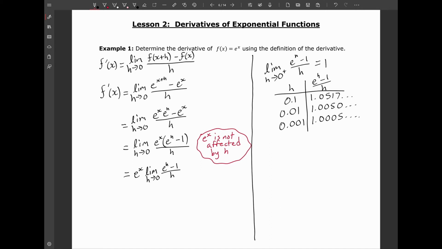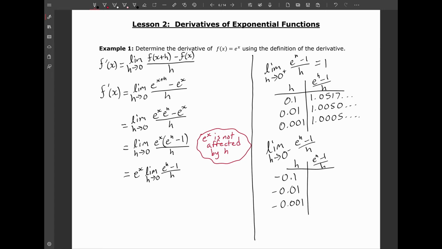All right, so let's check it from the left, because we know for a limit to exist, we have to check both the left and right-hand sides. So we're going to use negative values this time: negative 0.1, negative 0.01, and negative 0.001.